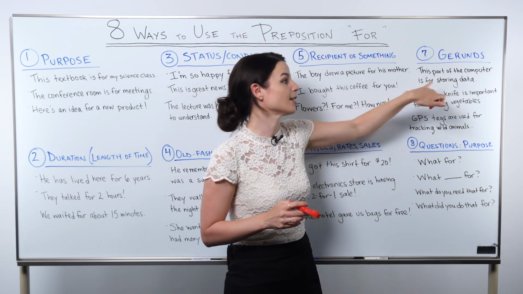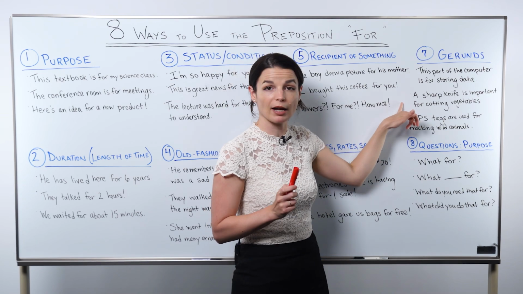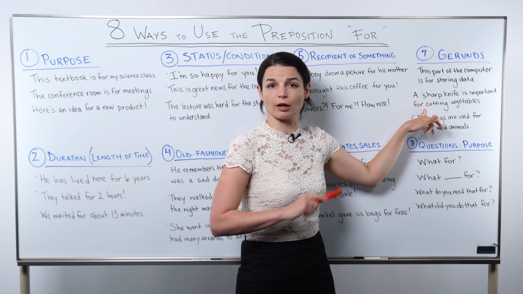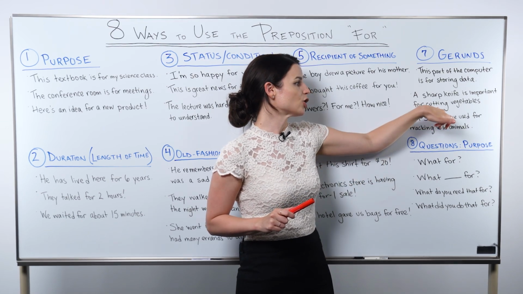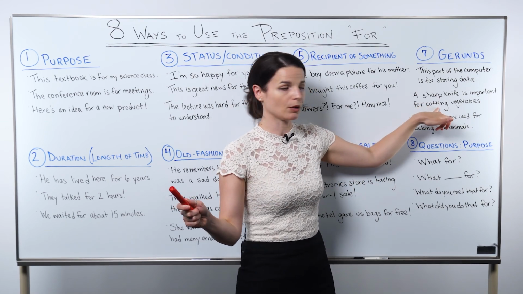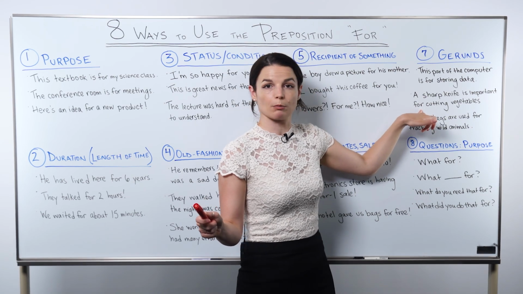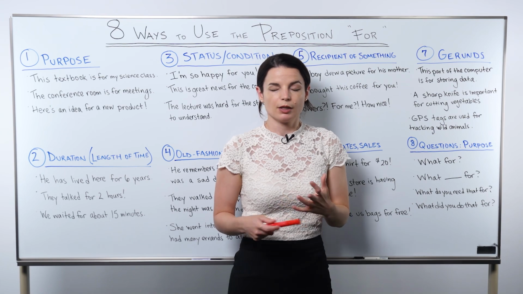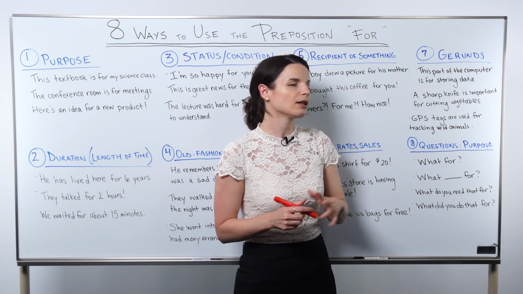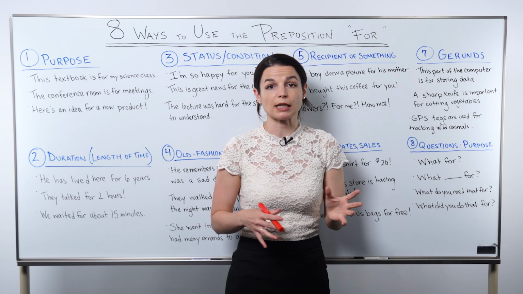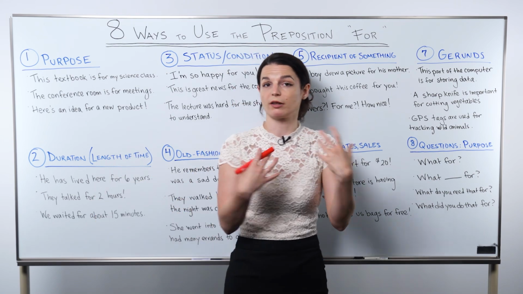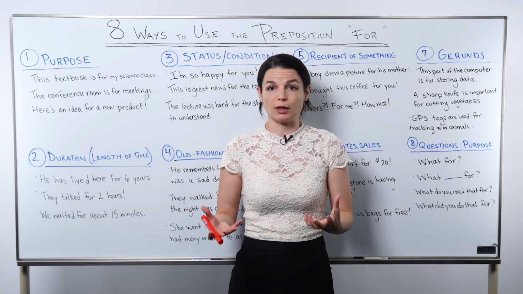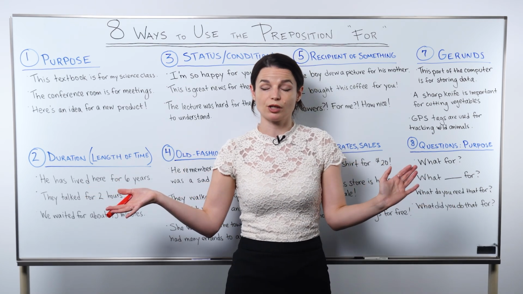Let's look at another example. A sharp knife is important for cutting vegetables. So here is my gerund, for cutting vegetables. And we have for before this, okay? So another point that I want to make is that we can sometimes use either the gerund form or the infinitive form. Depending on the verb, we can choose between the two. Sometimes both are totally fine to use.